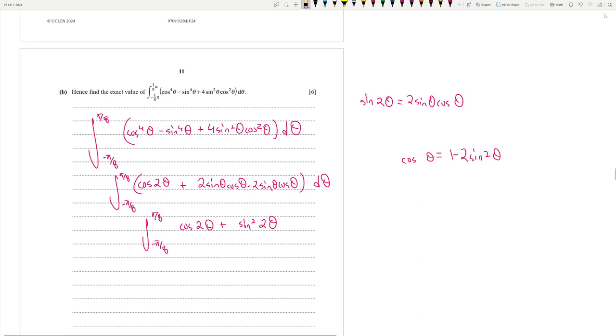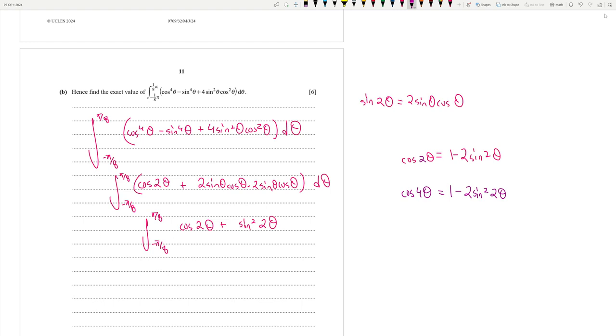This is cos 2 theta, not cos square theta. So isn't this possible? What if we doubled everything? So what would cos 4 theta be? It would be 1 minus 2 sine square twice theta. Essentially, cos 4 theta equals 1 minus 2 sine square 2 theta.